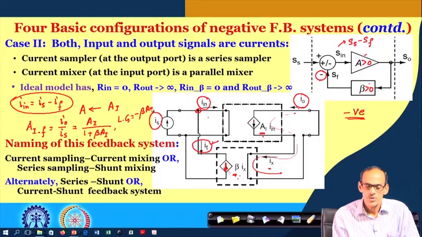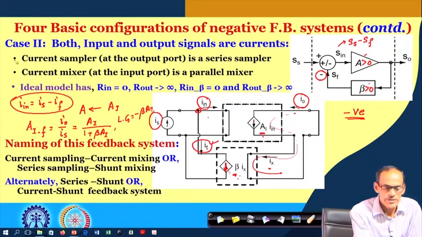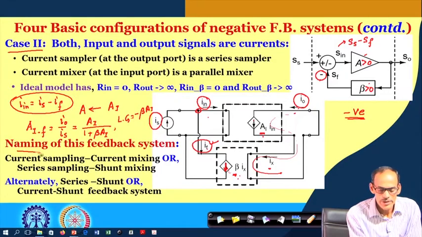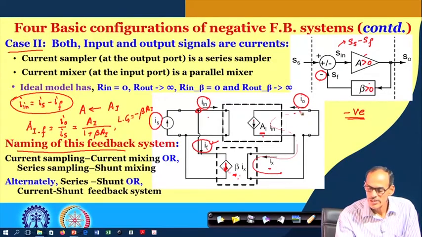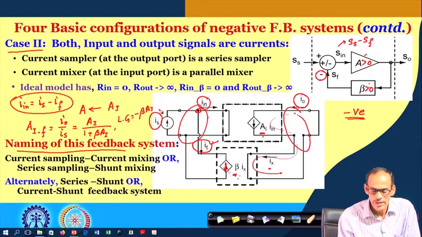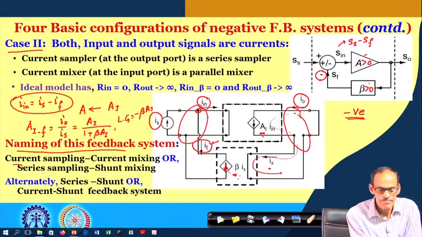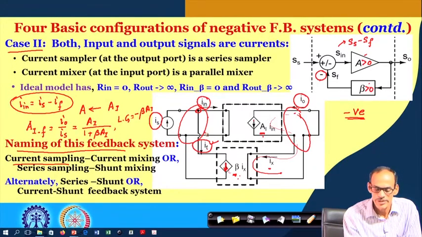Okay. So, this second case, this configuration has a different naming based on this connection and this connection. As you can see, this is a current sampler and current mixer.